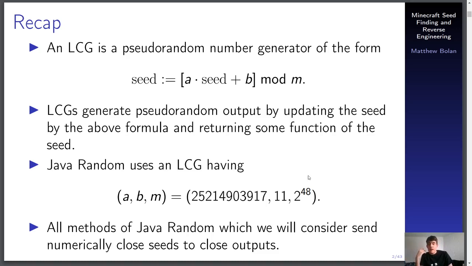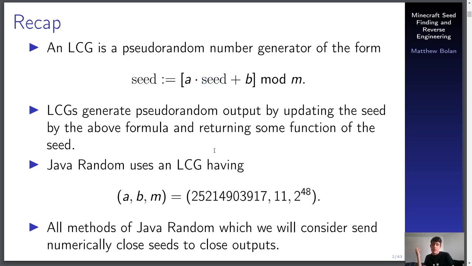And the final thing that we established, or at least mentioned in the last video, is that this is a pseudo-random number generator, but if you just took the seeds as your pseudo-random numbers, that's not very useful, because these seeds are massive numbers.